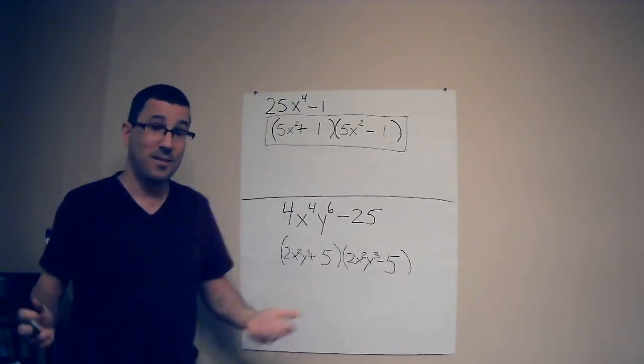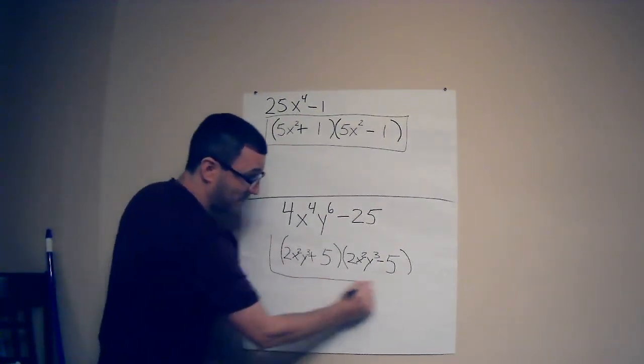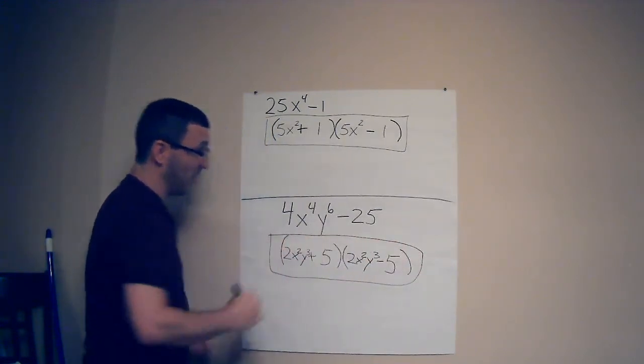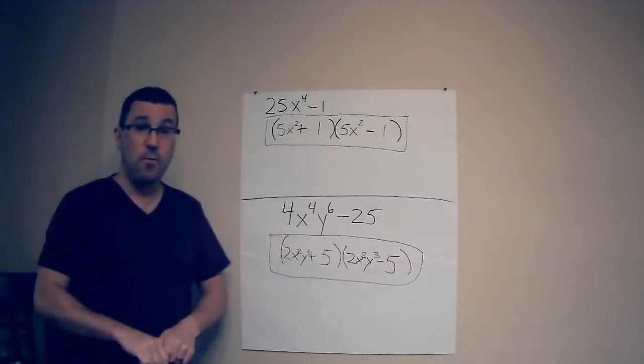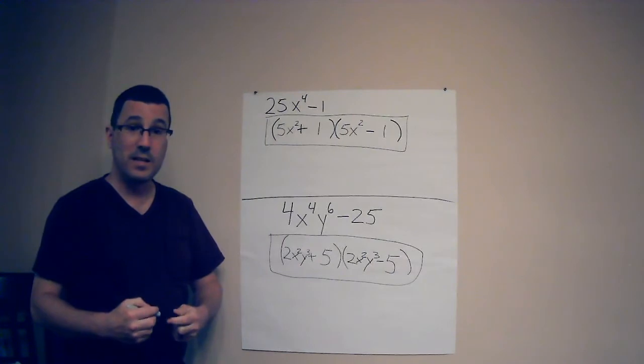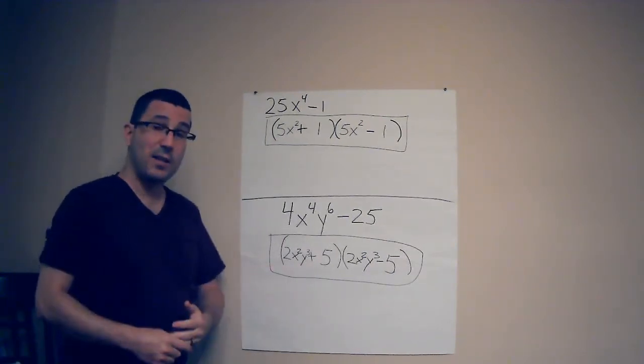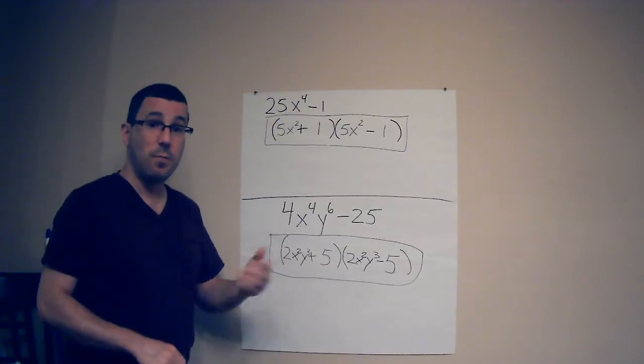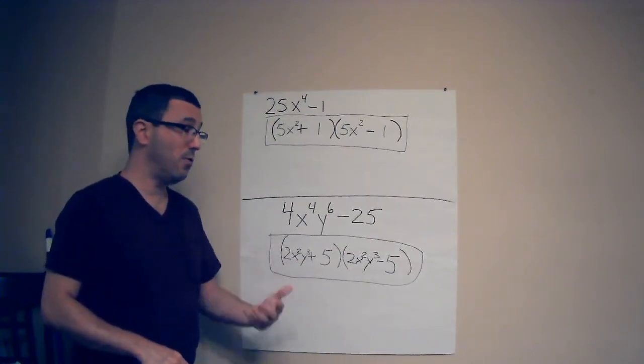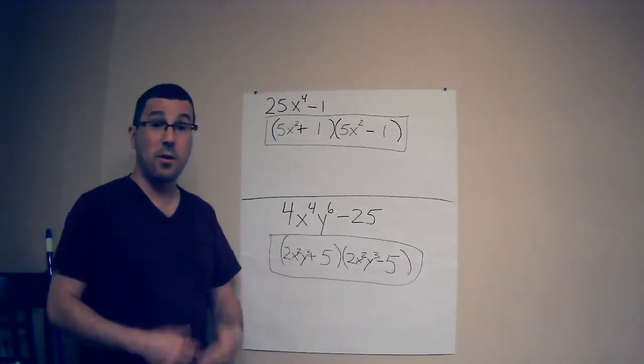And we're done. That's all we have to do. So factored completely, 4x to the fourth y to the sixth minus 25 is 2x squared y to the third plus 5 times 2x squared y to the third minus 5.